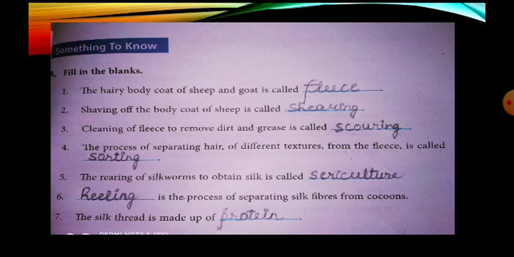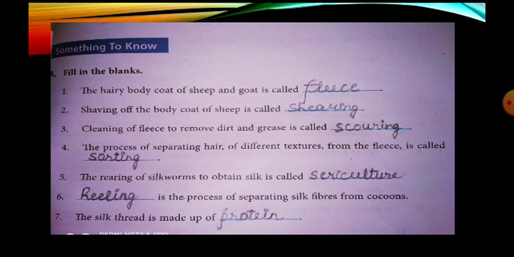Then the process of separating hairs of different textures by the laborers is called sorting. Rearing of silkworms to obtain the silk is called sericulture. And the process of separating silk fibers from cocoons is called reeling.